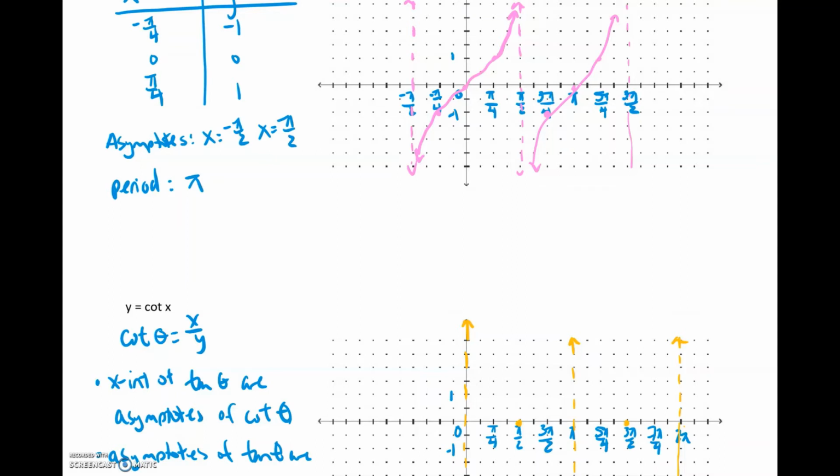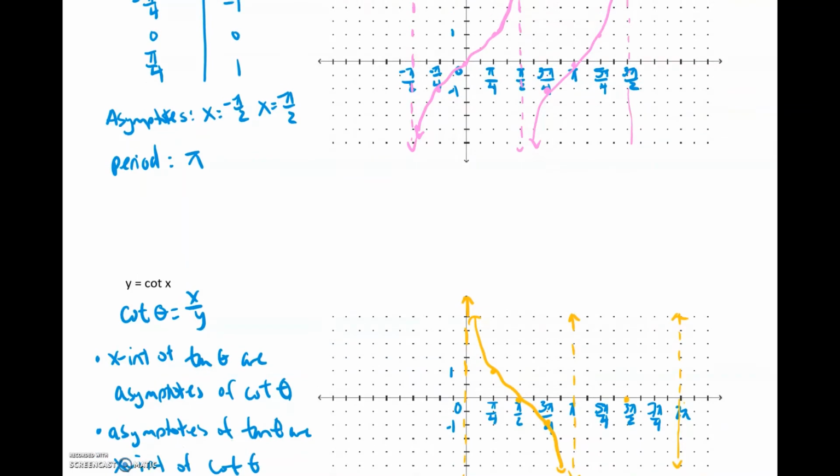So where we have pi over 4 and positive 1, I'm still going to have pi over 4 and positive 1. Where I have 3 pi over 4 and negative 1, sorry, I keep making mistakes here. That should be 3 pi over 4. My bad. We'll fix that. So we'll have 3 pi over 4 and negative 1. That also is there. So when we draw this curve, you're going to see it's going the opposite direction of tangent.